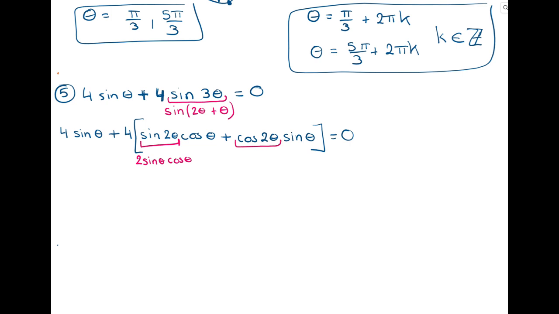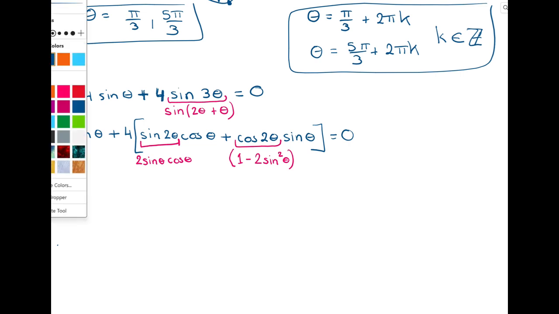That could be different things. That's where I tried several things, and really I don't think one works better than the other. So, since I have a sine here, I'm just going to go with the one that's 1 minus 2 sine squared theta, just because I have that sine there.